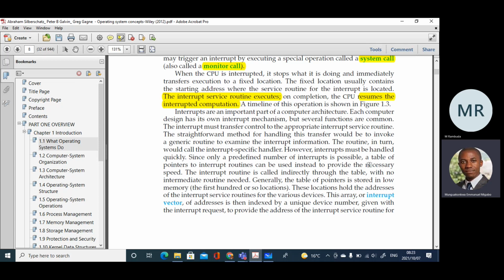And each time an interrupt occurs, what we do is invoke a system call. I'm not saying we call that routine, no, because the routine, being an event-based function, can't be called the way you would call a normal application layer type of function. In this case, it's invoked by means of a system call.